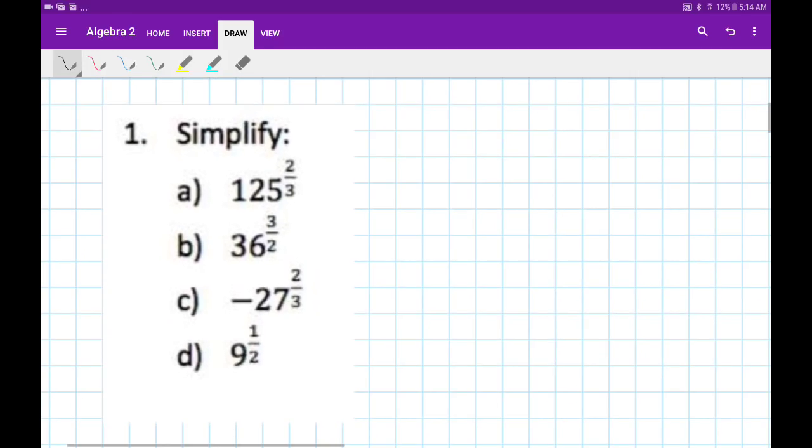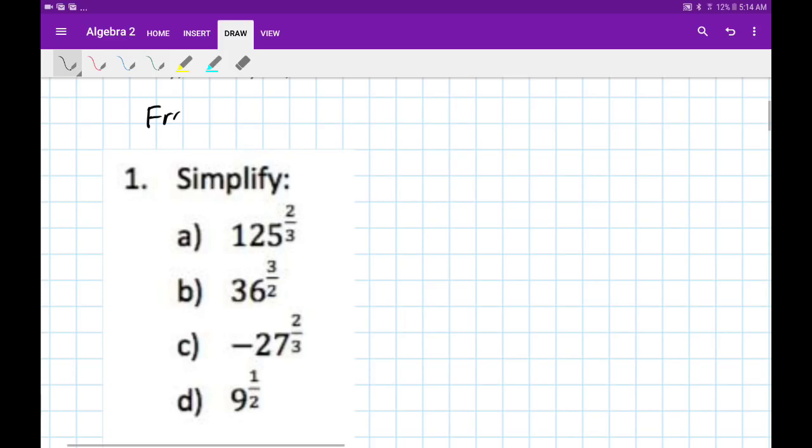Okay, so we're dealing with fraction exponents here, and we want to remember how fraction exponents work. When we have a fraction up here, we can rewrite this as, let's keep x as the base.